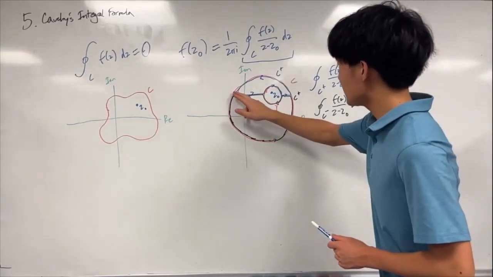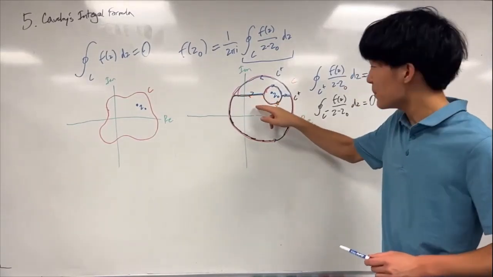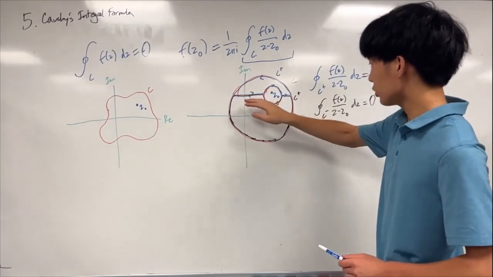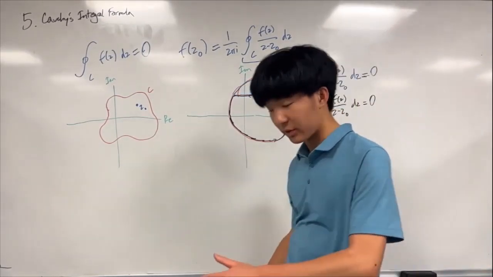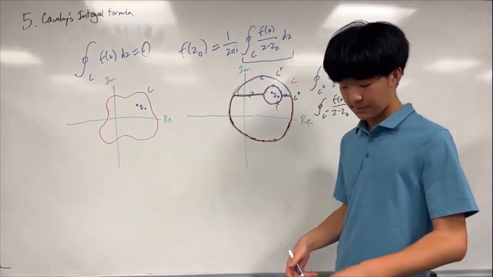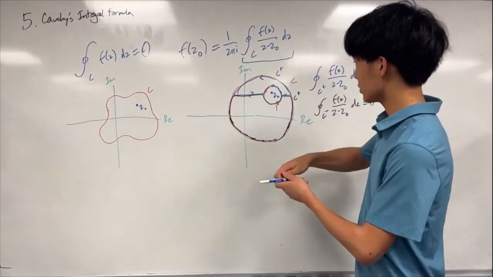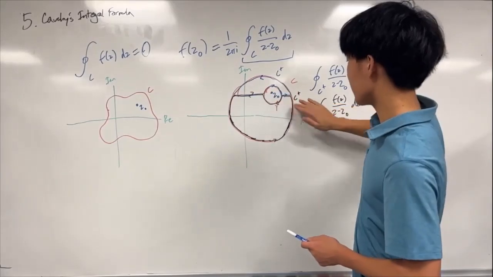Conveniently, because these lines are traversed in opposite directions, the integrals over these lines cancel each other out. It's like you walk forward a step, and then you walk backwards a step. You're back where you started. The integrals over these lines are 0.